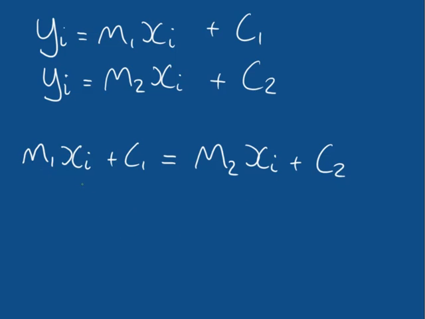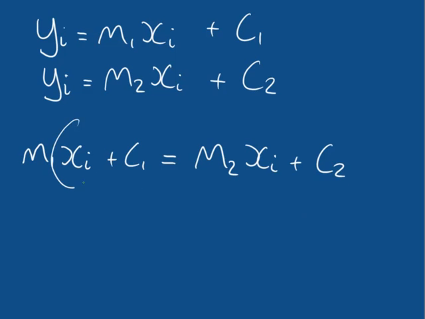So this should mean that we can rearrange this equation to solve for xi. We can get xi in terms of m1, c1, m2, and c2, and that will allow us to determine, based on the gradients and the intercepts of both of our lines, the x-coordinate of our point of intersection.